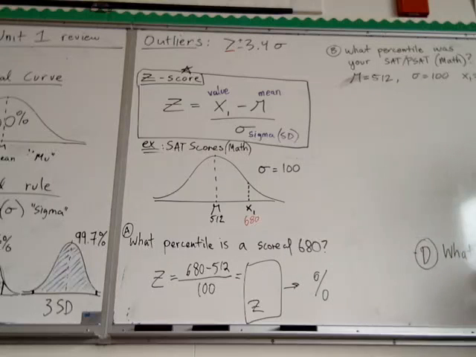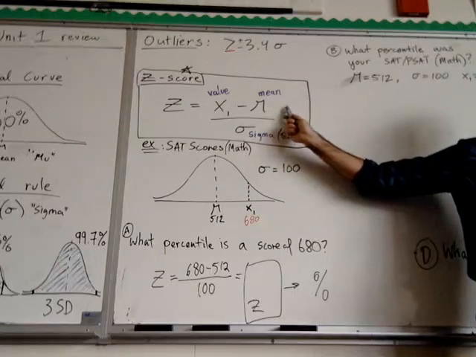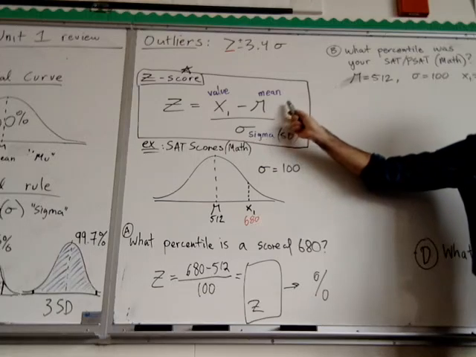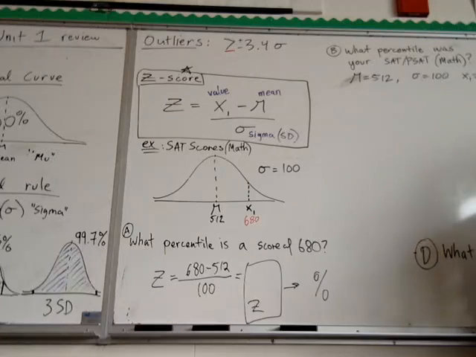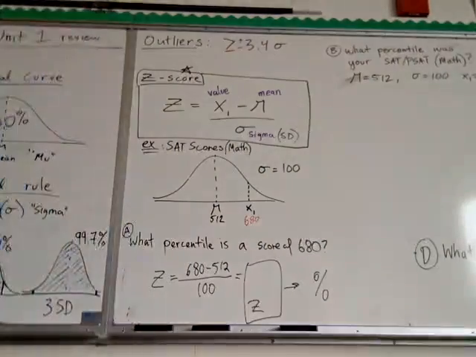All I did was look here; this is the z-score formula. Star it, so you know you need to have that. Plug in your x sub 1, mu, sigma, and work it out. 680 minus 512 divided by 100.